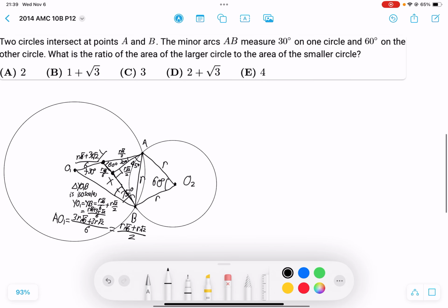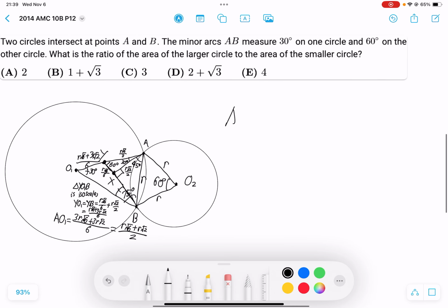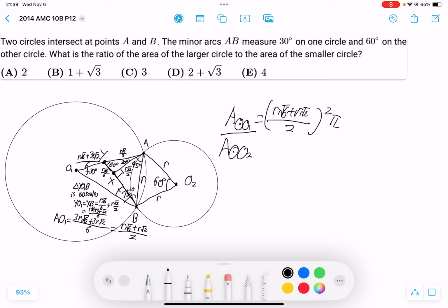Okay, so now let's find the area of circle O1. The area of circle O1 is simply R root 6 plus R root 2 over 2, squared, times pi. And if we put that over the area of O2, we know that this is over R squared times pi. So let's simplify. Pi cancels out.